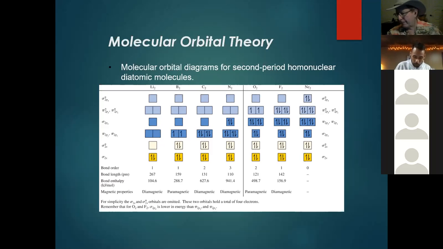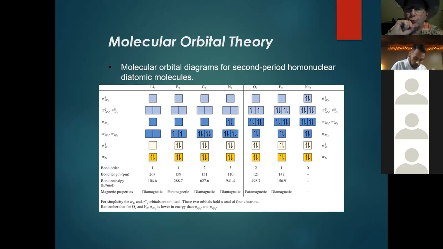All right. Now comes the part where I hate molecular orbital theory. We have oxygen. Oxygen has 16 electrons in it. First 4 go to the 1s bonding and the 1s antibonding orbital.